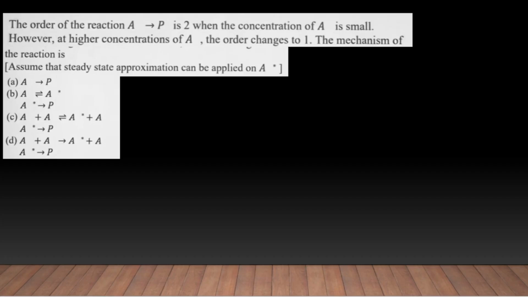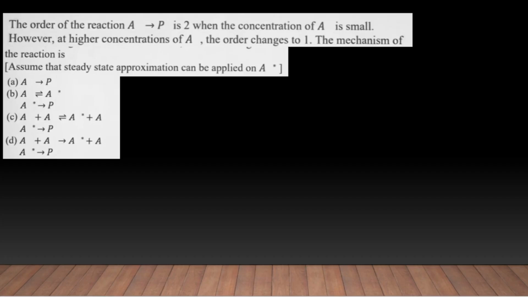Next is this one, the order of a reaction which is going through A to P is 2 when the concentration of A is small, and at the higher concentration it goes to 1. The mechanism of the reaction is.